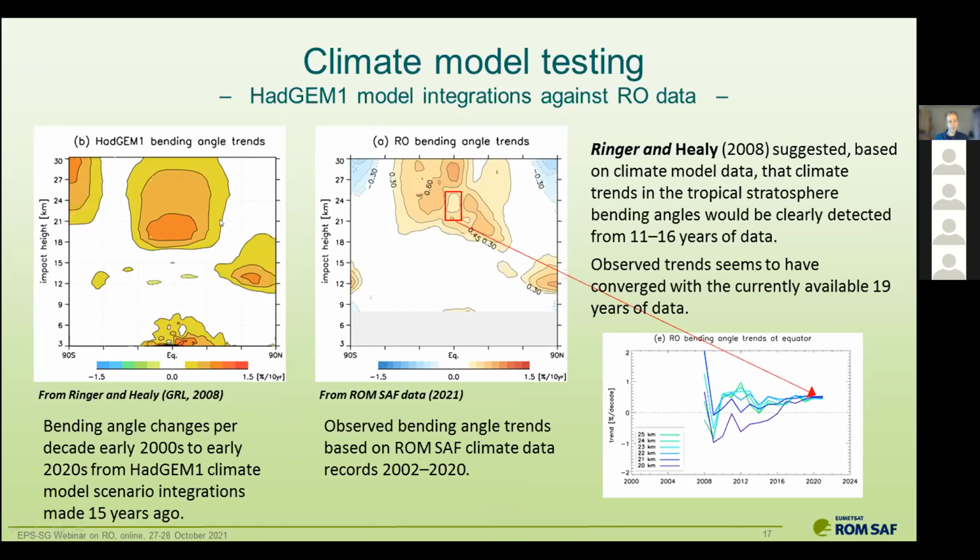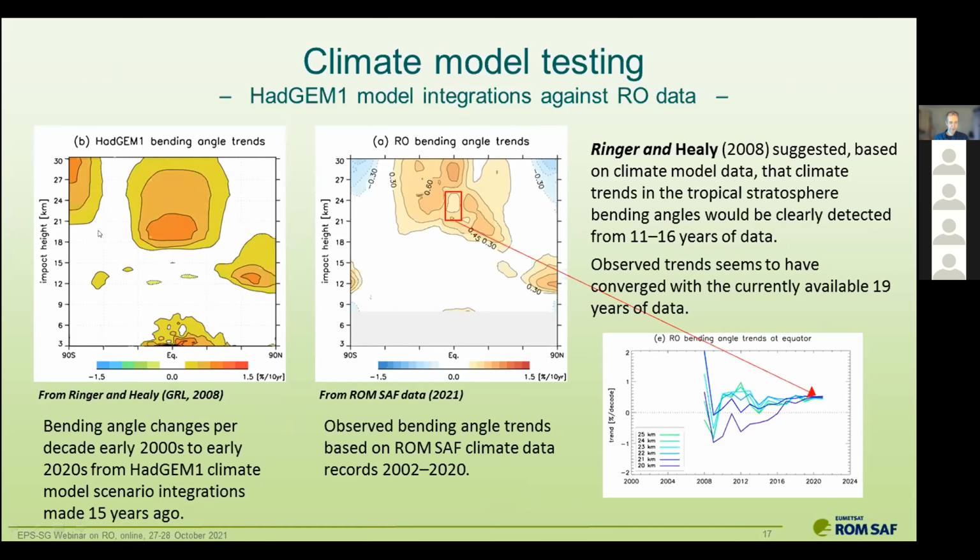To the left here, we have the trends that they showed in that paper, and to the right here, we have the trends that we can now observe. And as we can see, at least in low and mid latitudes, there's a great deal of correspondence between these two plots. So we can quite well confirm what they predicted almost 15 years ago.